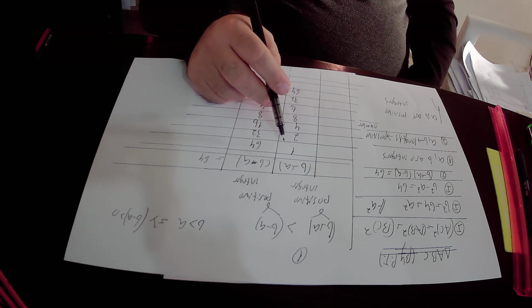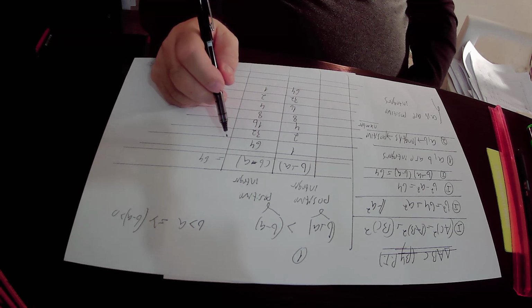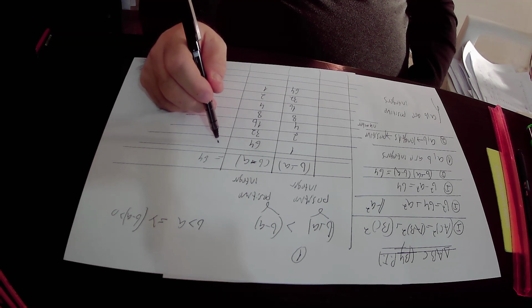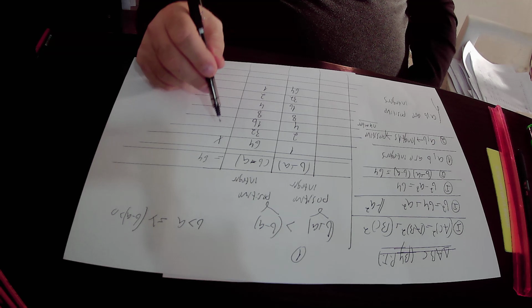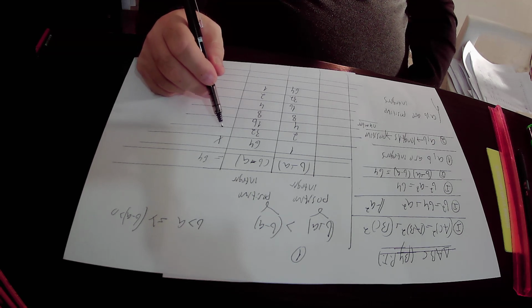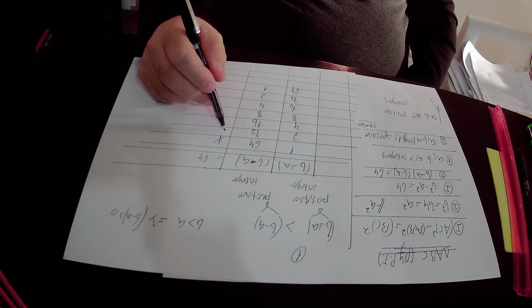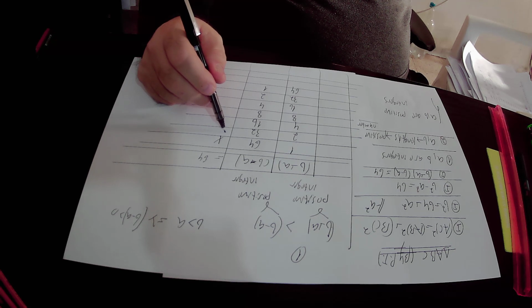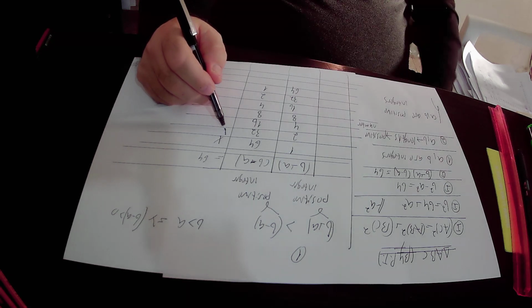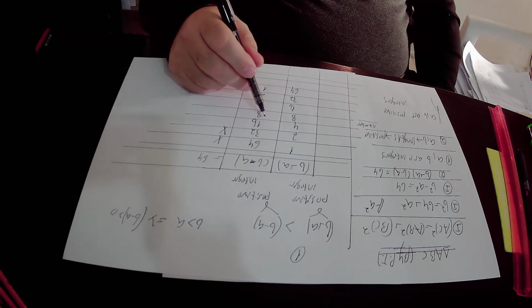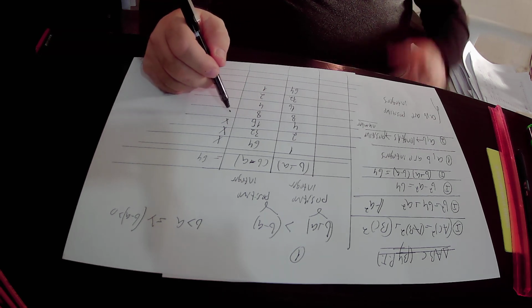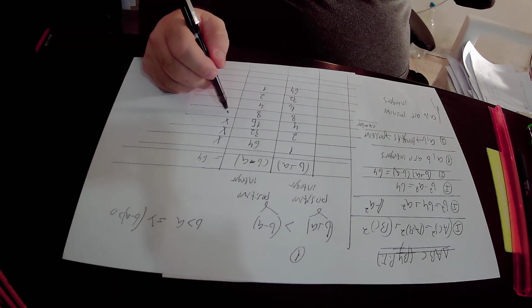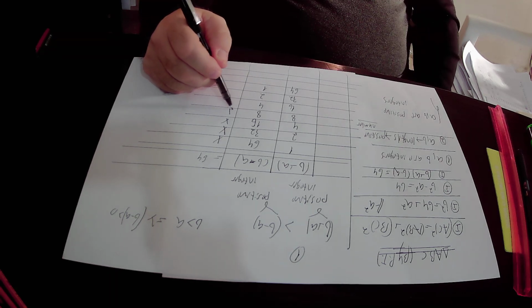So here 1 is not greater than 64. That is to say, it is not a good option because b plus a must be greater than b minus a. 2 is not greater than 32, so it is not a good option. 4 is not greater than 16, so it is also not a good option. 8 is not greater than 8, so it is not a good option.